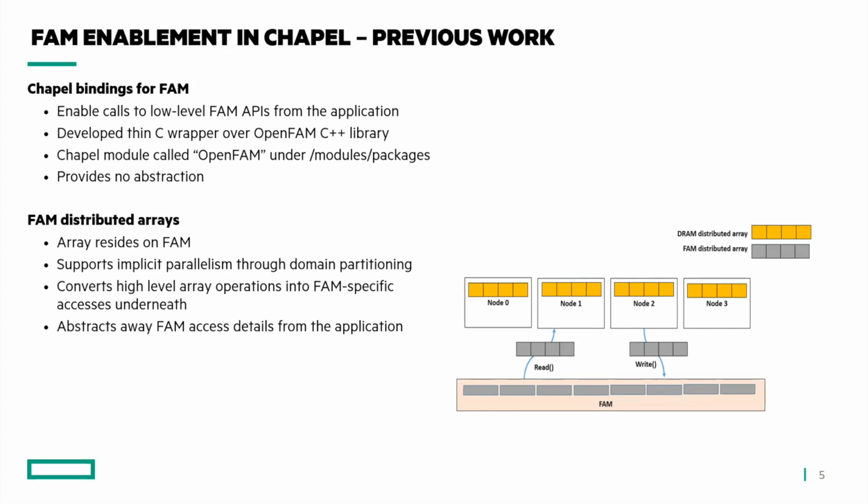All of these conversions of the user level array operations into OpenFAM calls are handled within the FAM distribution module, and thus abstract all the OpenFAM specific details from the user. All of the FAM data allocation and management is hidden from the user. So these are some of the initial work we have done in order to enable FAM access from Chapel.